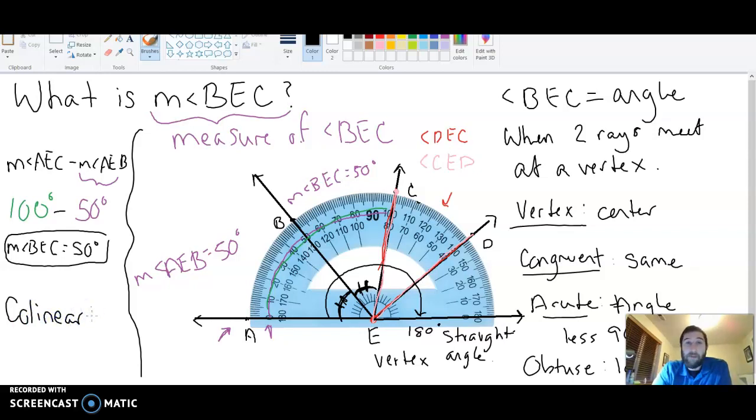If you have things that are collinear, it means same line. You see this applied most often to points. You could say points that are collinear. It means that there are 3 points that are all on the same line.